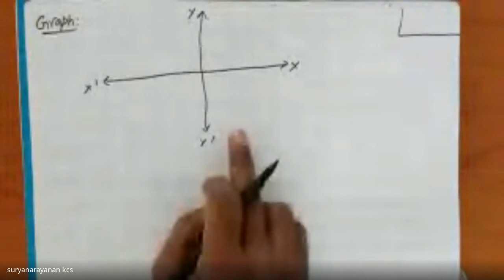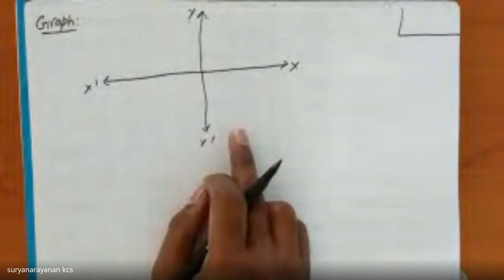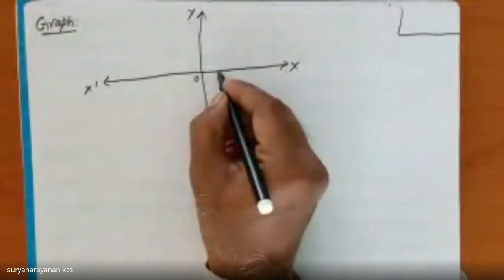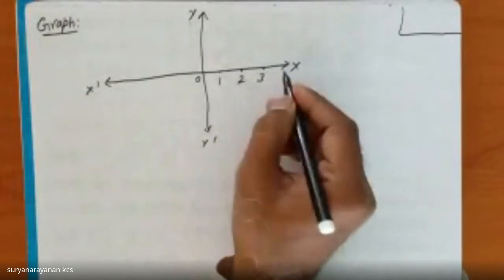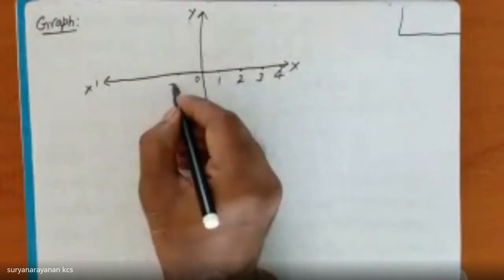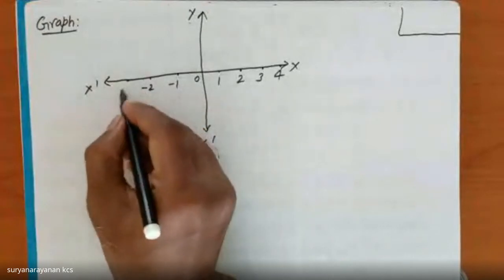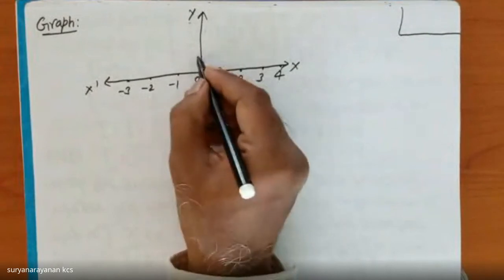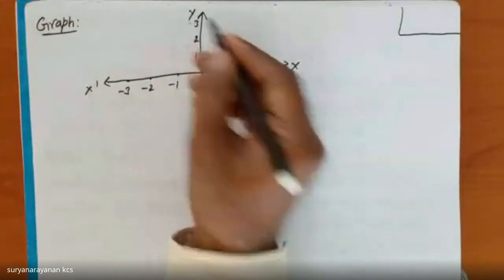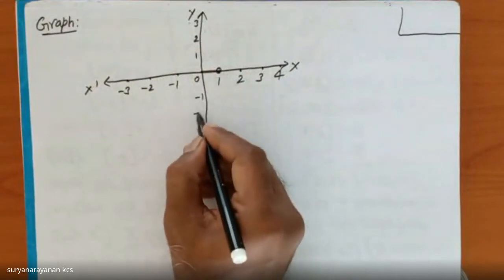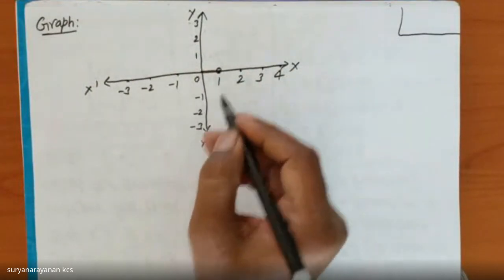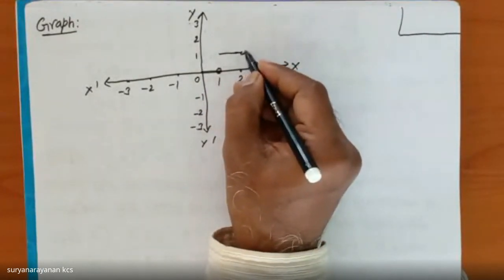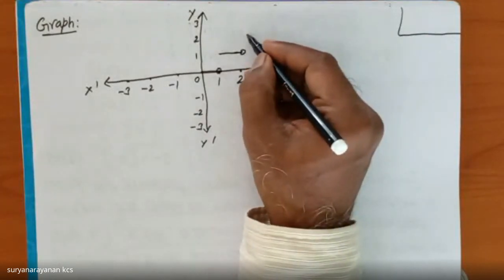So if you draw the graph of this function, it looks like steps. Like this, it looks like steps.